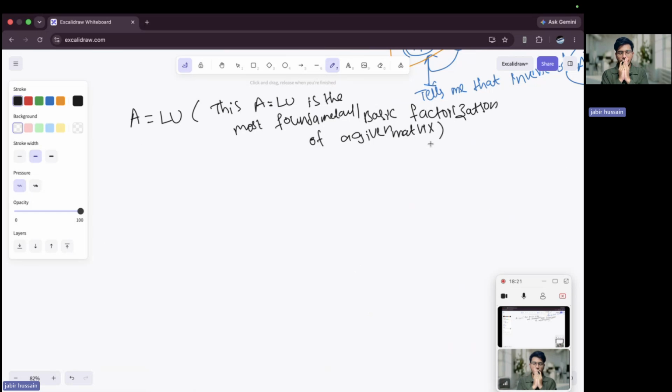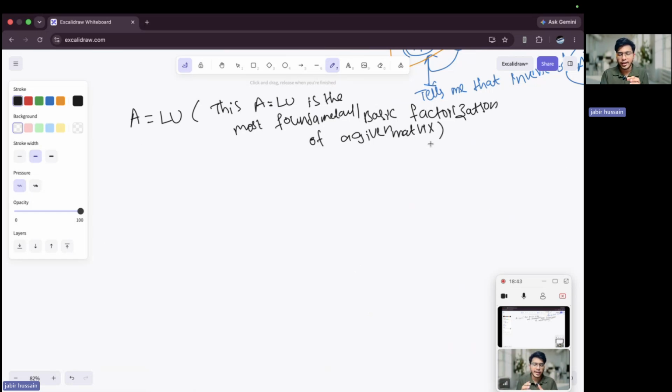So let's assume that you have a matrix and that matrix is a very complex matrix. It has thousands of numbers, big entities, large numbers, whatever it might be.